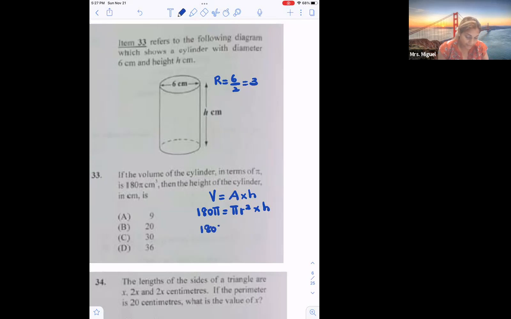So 180 pi is equal to pi by 3 squared, which is 9. So therefore, h is 180 pi divided by 9 pi. This is going to cancel, and h is 20. I do hope that you all tried the questions before.